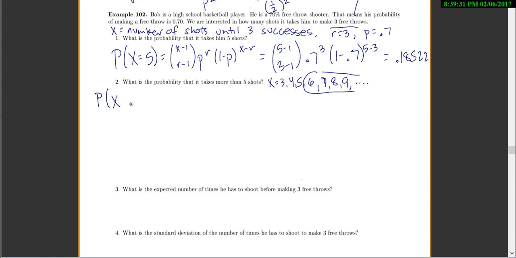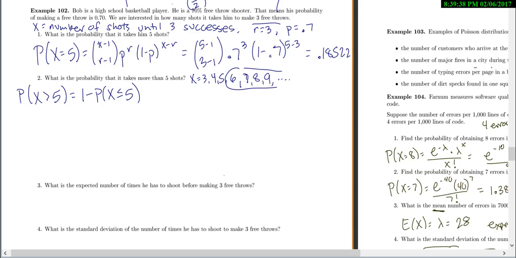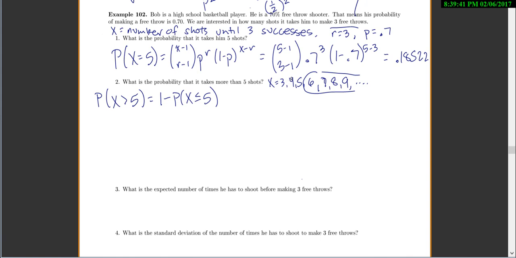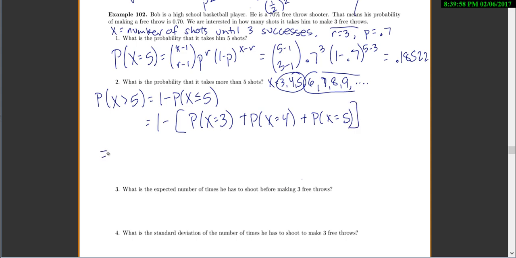So the probability that x is greater than 5 is equal to 1 minus the probability that x is less than or equal to 5. So we want this less than or equal to 5, which is really just the 3, 4, 5. So it's going to be 1 minus the probability that x equals 3, plus the probability that x equals 4, plus the probability that x equals 5. So for the probability of 3, all we have to do is plug the 3 into the PDF up here, or PMF.